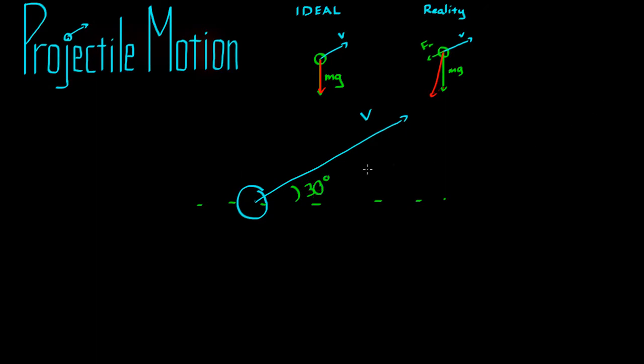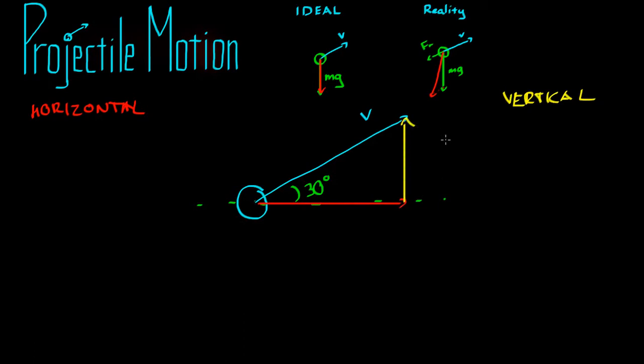Now I'll mark in red the horizontal, and I'll mark in yellow the vertical components to this velocity. So the horizontal is given by this line here, and the vertical component is given by this line here.